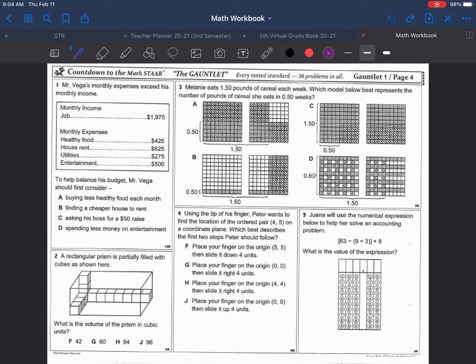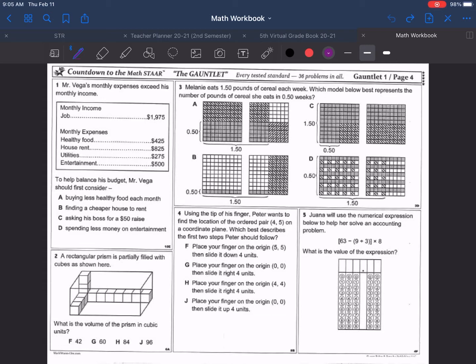Now, the Gauntlet kind of looks a little bit like your daily rigor warm-up, and it does a similar thing. It's going to help us get close to the math star and practice everything we need to be practicing as we get closer and closer to star, so that you can be as successful as possible.